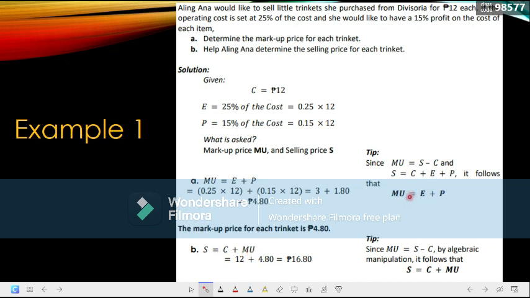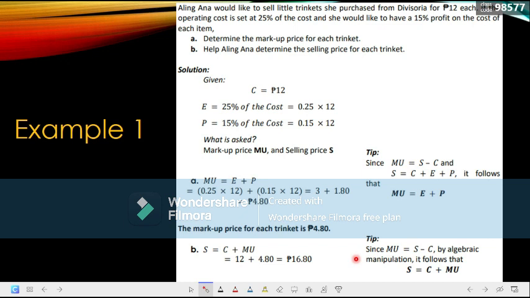Remember, the markup is equal to the operating expenses plus the profit. So we have the cost price is 12 and the markup is 4.80. That's 12 plus 4.80, which is equal to 16 pesos and 80 centavos.